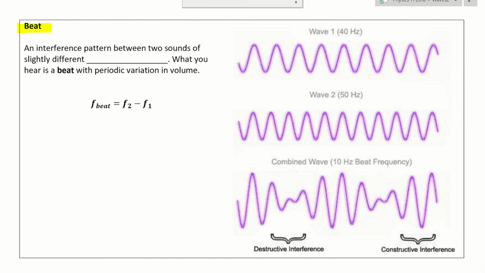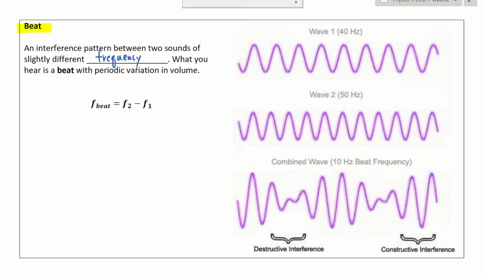I'll try to set it up, but basically, when you have two sounds playing at slightly different frequencies in two different speakers, the two sounds will interfere with each other, and what you will hear is the combination of the two sounds.